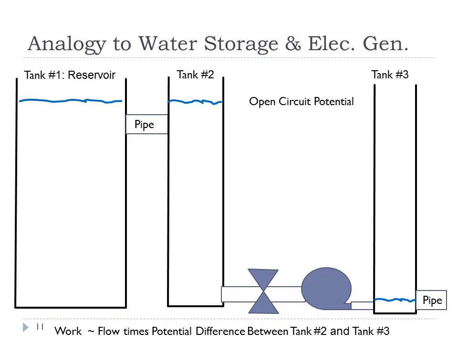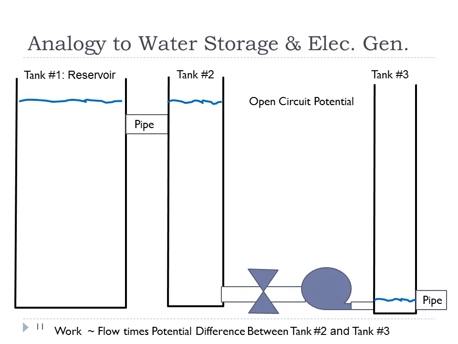I've put together an analogy here of water storage. We've got water being stored in tank 1, which is our reservoir, and then a frictional pipe connected to tank 2. At the bottom of tank 2 we've got a valve going to a water turbine, and after the turbine we've got tank 3.